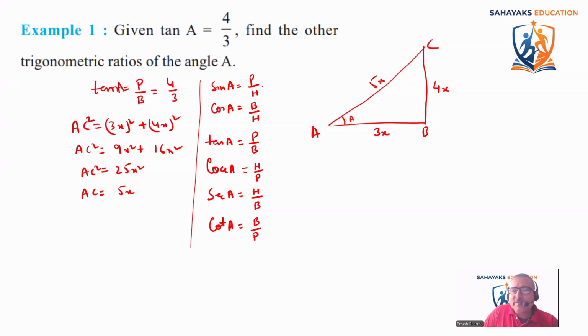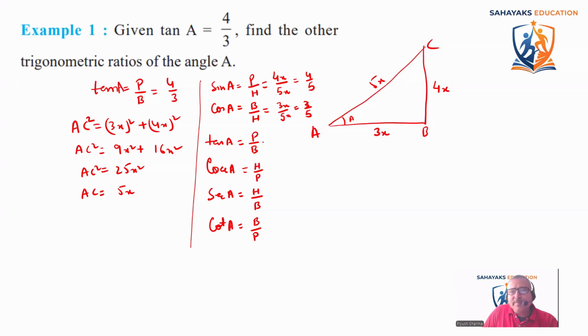Now we have to put the values here. The perpendicular is 4x divided by hypotenuse 5x, so it comes as 4 by 5. What is cos A? Cos A will be 3x divided by 5x, that comes out to be 3 by 5.